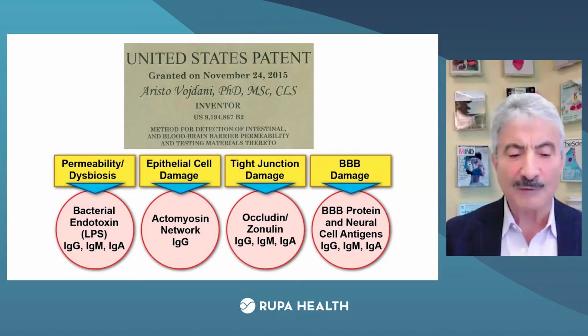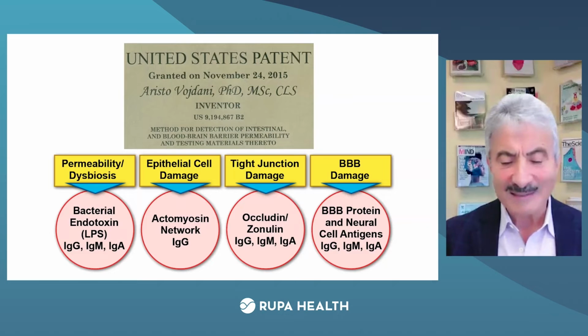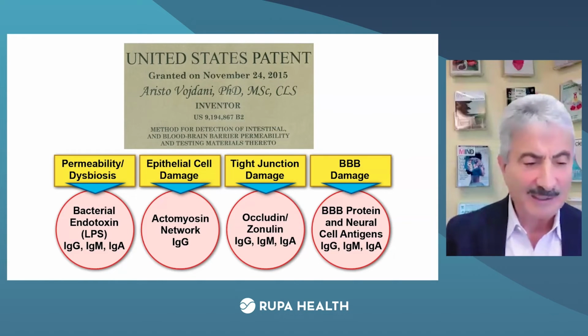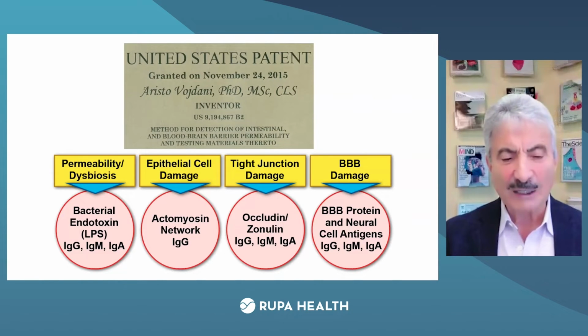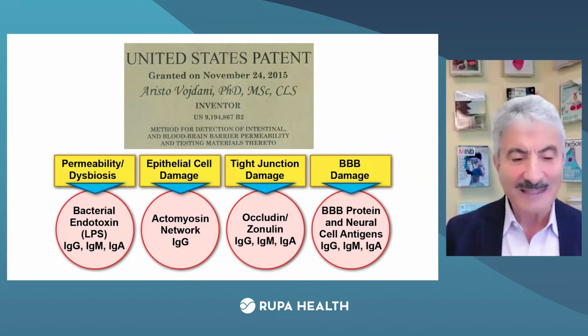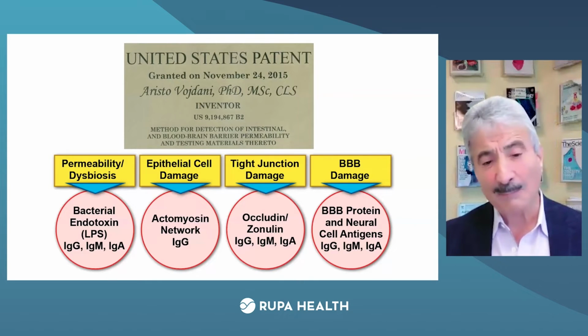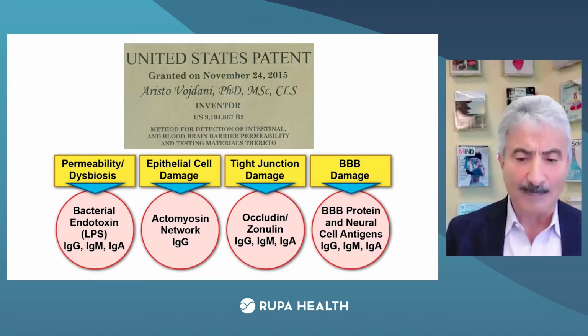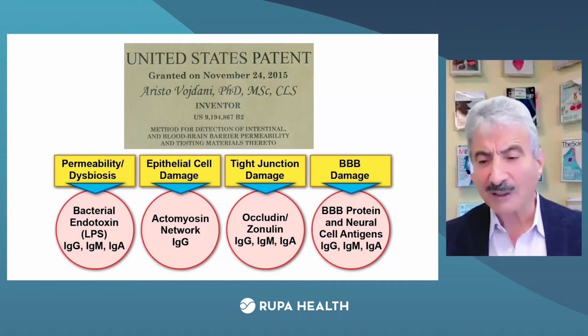And this is the improved version of it, where at Cyrex we measure antibodies against bacterial toxins, actomyosin, occludin, zonulin. Elevation in these antibodies against these antigens may indicate gut permeability, epithelial cell damage, and tight junction damage.